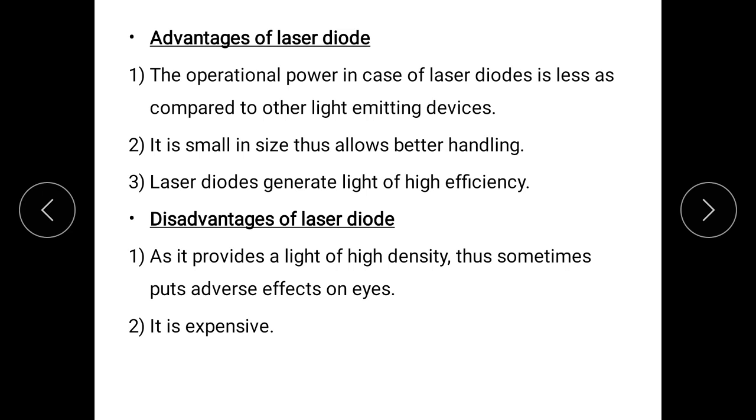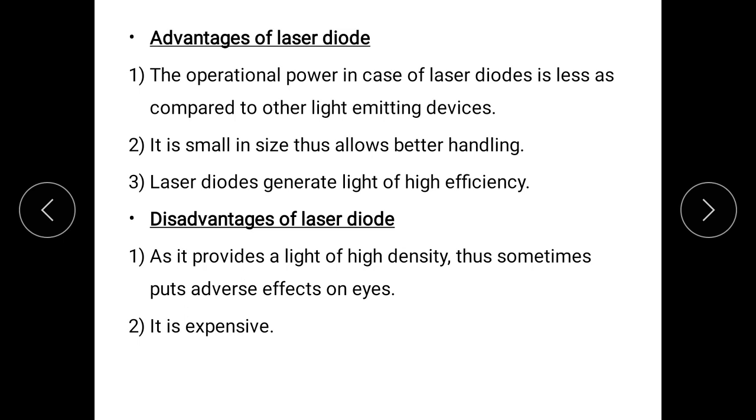Then what are the advantages of laser diode? The first advantage is that the operational power in case of laser diode is less as compared to other light emitting devices. Second, it is small in size and thus it allows better handling. That means it is easy for handling.